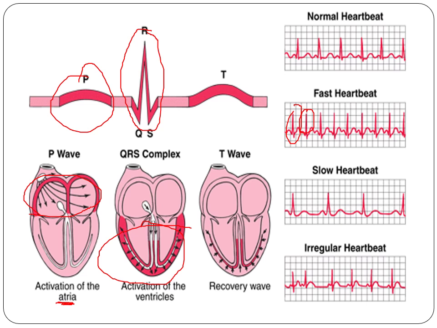And when we have a slow heartbeat, we have fewer QRS complexes. And for an irregular heartbeat, there is really no definite pattern. This is for arrhythmia, different irregular heartbeats.